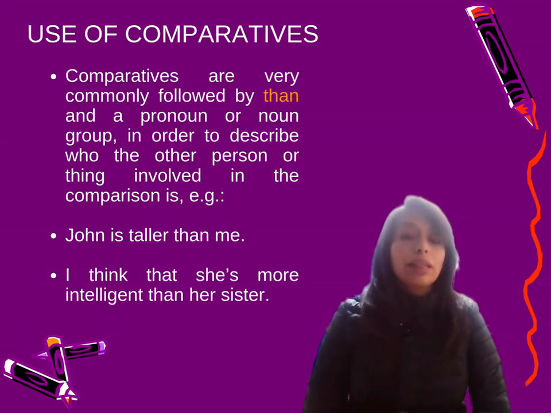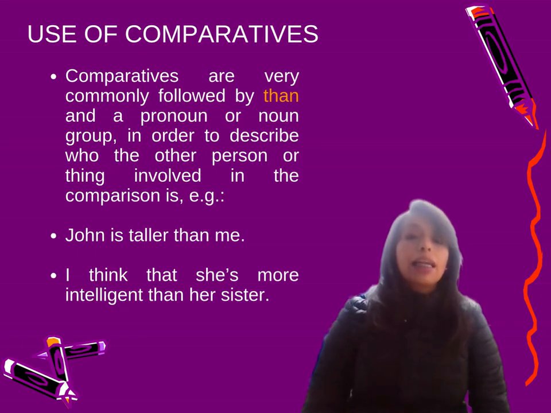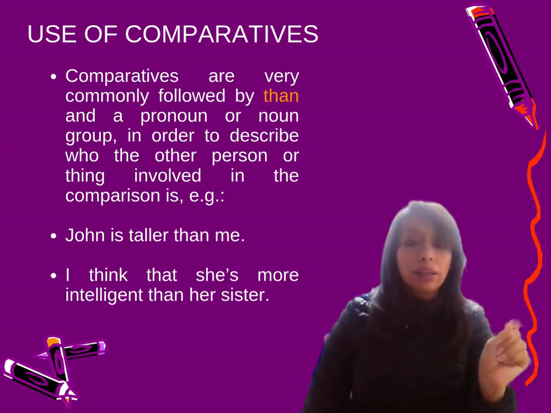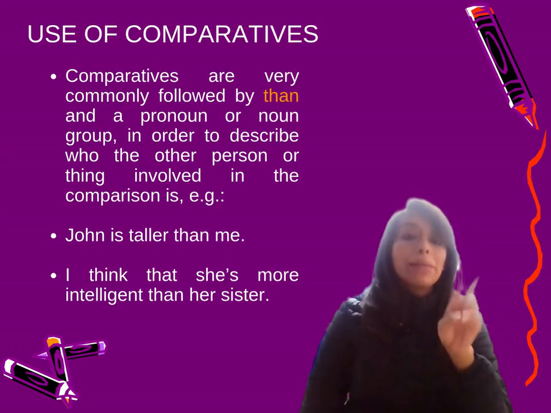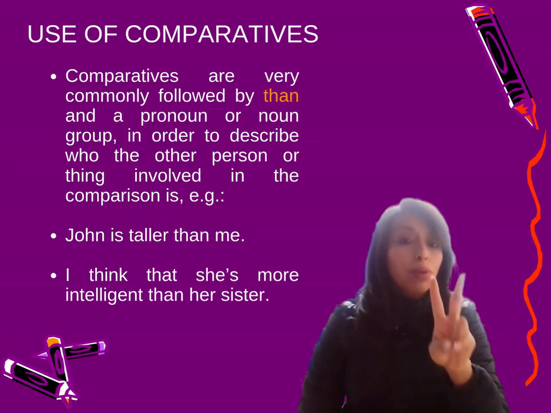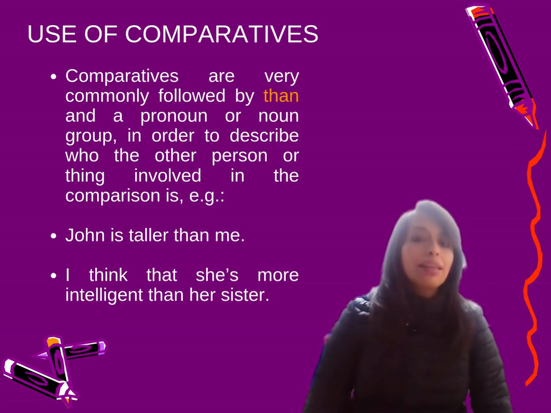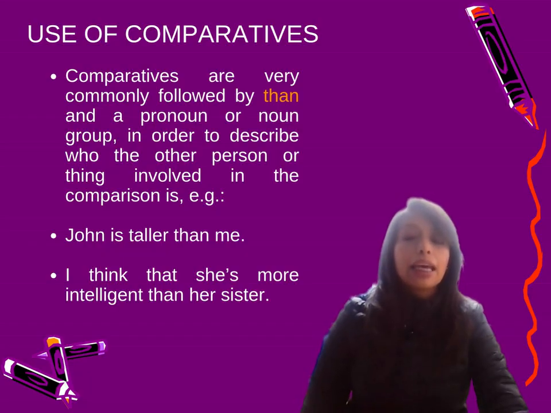So remember that the adjective is tall. In this case, as it's a short adjective, you just have to add er. And the comparison you are going to make is between two people, animals, or things. Another one. I think that she's more intelligent than her sister. So you got it.